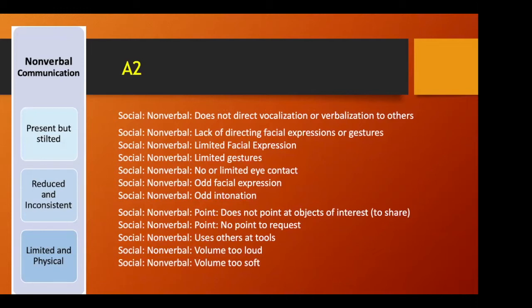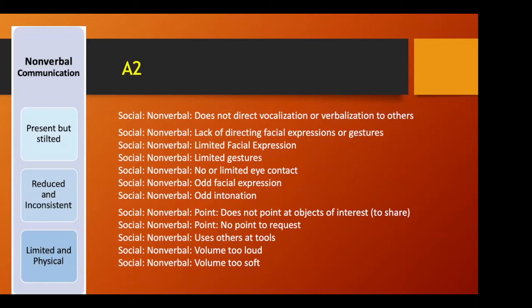When we look at the next criteria, nonverbal communication, on the left of the screen is how we frame the spectrum of nonverbal communication challenges associated with autism at the Emory Autism Center.